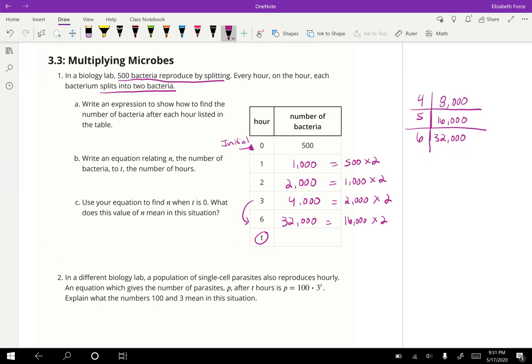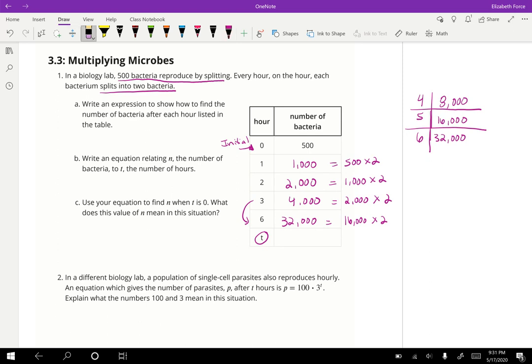So it's kind of hard to write an expression when you keep taking a previous amount to get the next amount, right? So I got 2,000 by doubling 1,000. I got 4,000 by doubling 2,000. And you notice I had to go off to the side to figure out 4 or 5 to help me with 6. So in math, we really like to figure out how to write an expression based on the initial amount. What are we starting with?